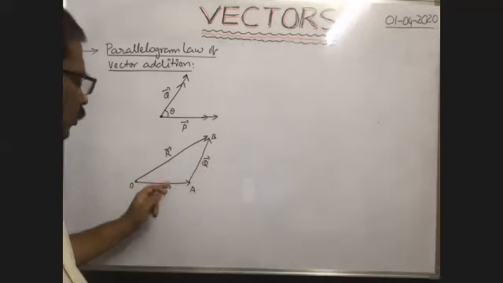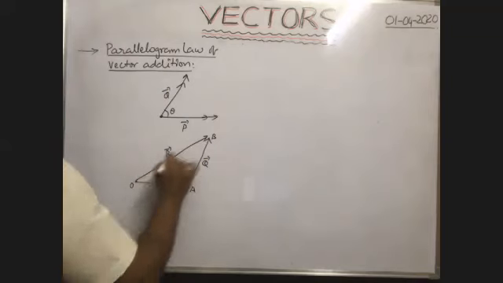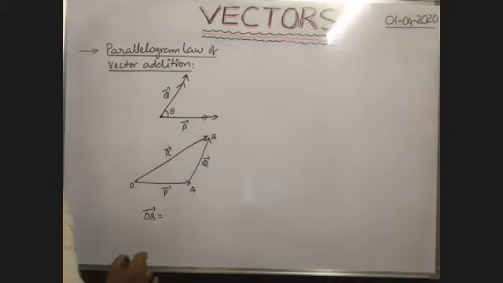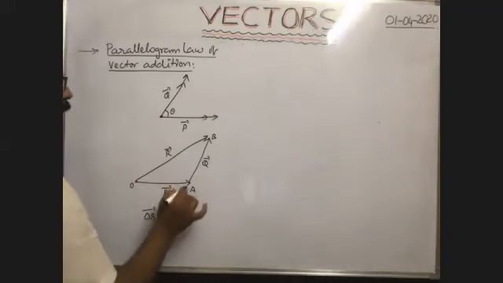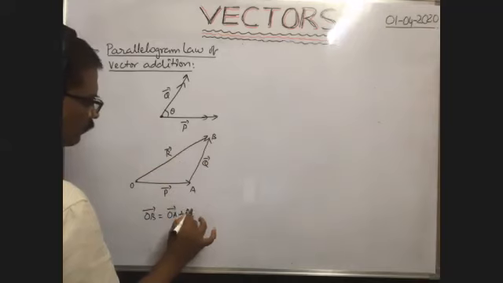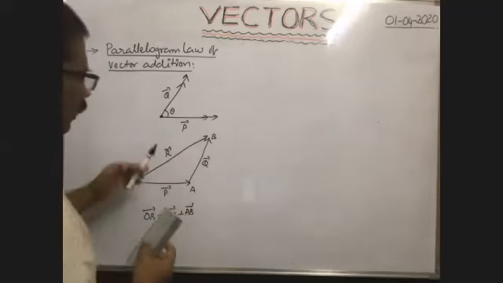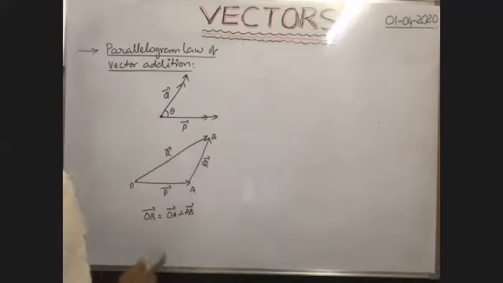When you add them, the resultant is OB bar, and from the diagram OB bar is equal to OA bar plus AB bar. This is one way to express the parallelogram law of vector addition.